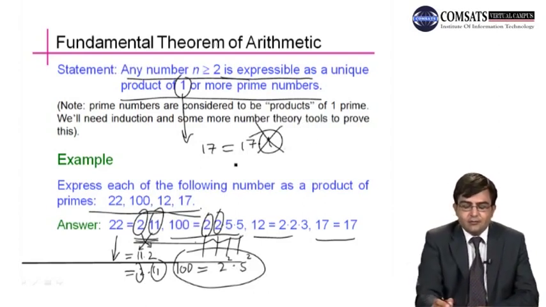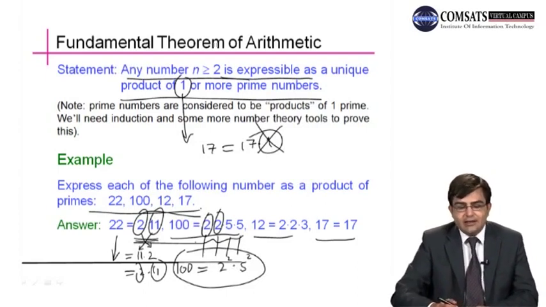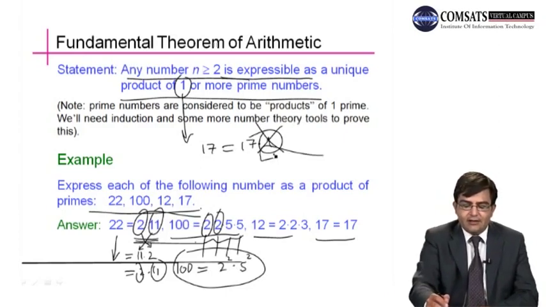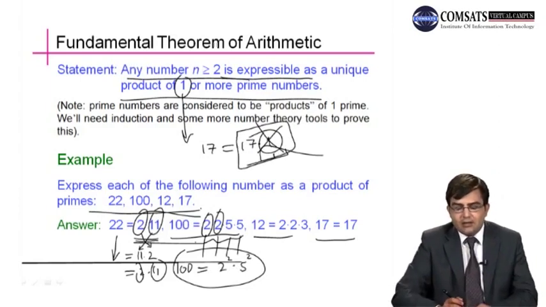So be careful when you write an integer or a number as a product of prime numbers. Please do not write 1 in this expression, as 1 is not a prime number.